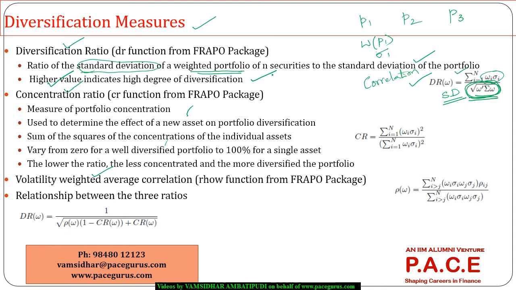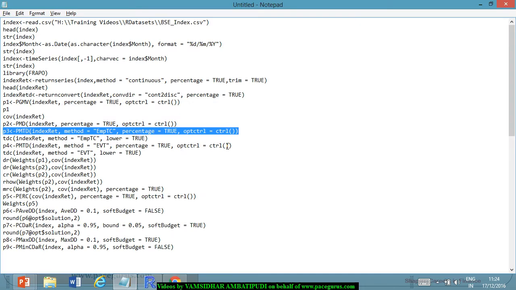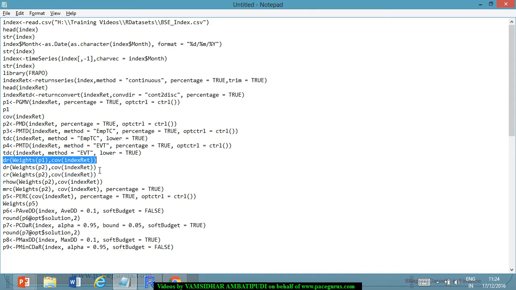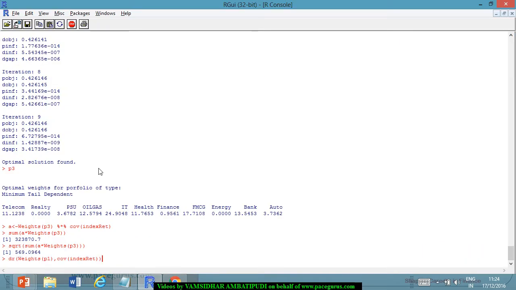And I am using a function called DR, which gives the diversification ratio of the portfolio. Now let me try working it out with all the three. In the DR, I am taking the first input as the weights.